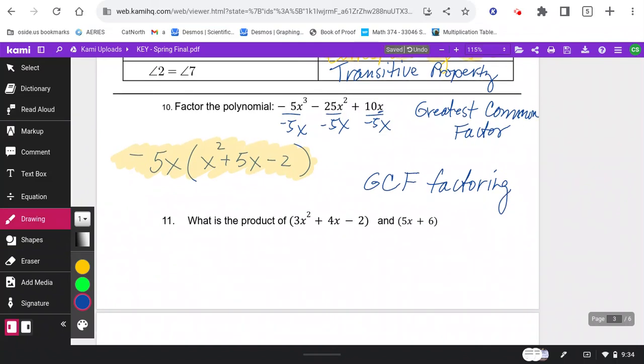All right, for this one, the product of multiplying a binomial times a trinomial, you could use FOIL or the box. The last one I showed FOIL, so this time I'll show you the box.